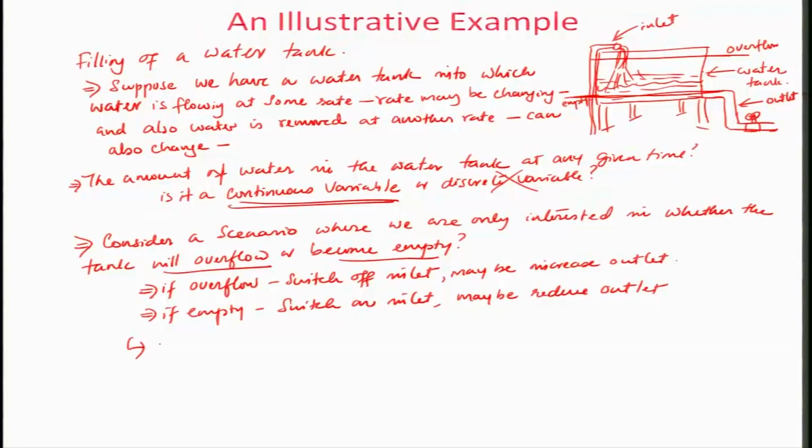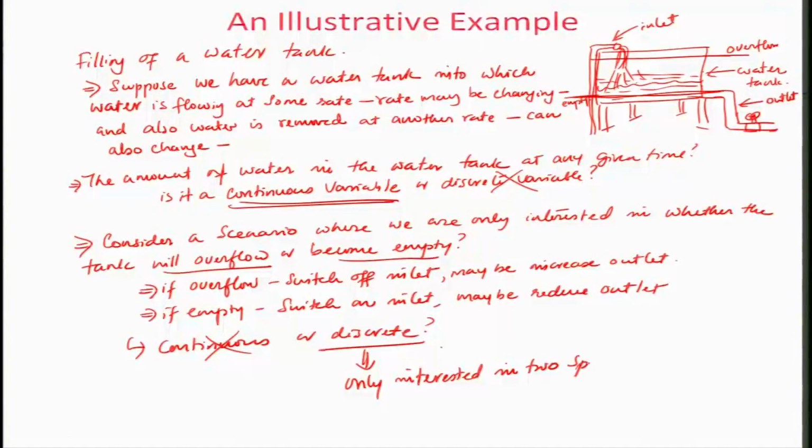Now, is it continuous or discrete? Discrete. So, in this particular case, it is no longer continuous, it is a discrete system, because you are only interested in two specific states of the system.